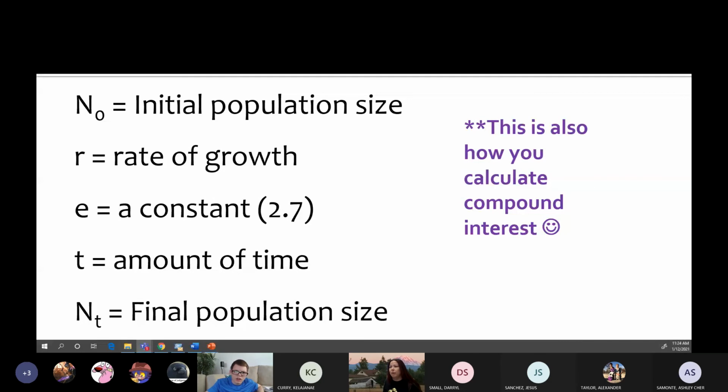T is the amount of time, whether it's years, months, weeks, hours, whatever. And N sub t is your final population size. Random note, this is how you calculate compound interest on your credit cards and savings accounts. Same equation. So once you've got those down, we'll hopefully finish up some stuff next time.